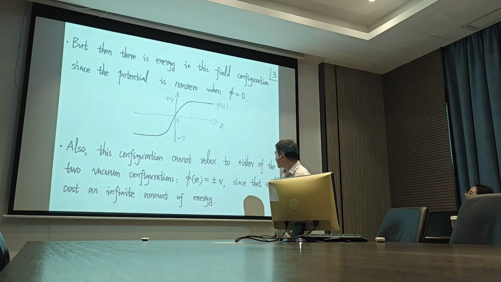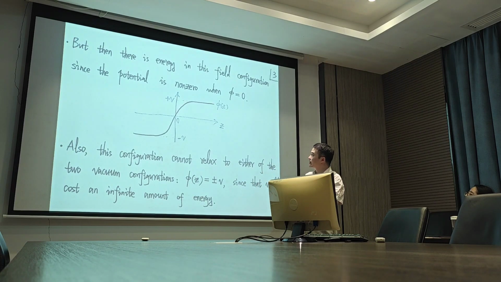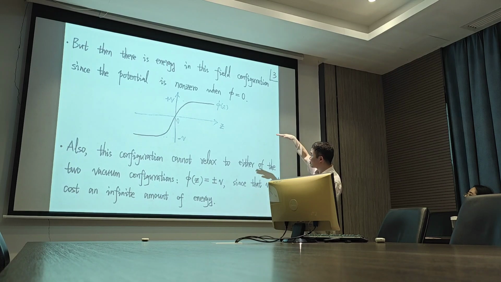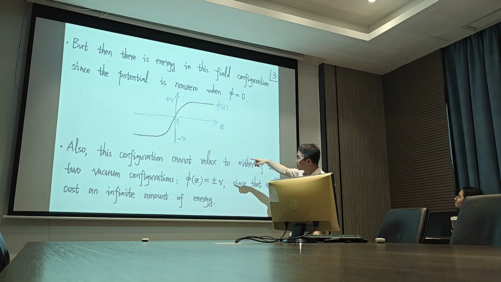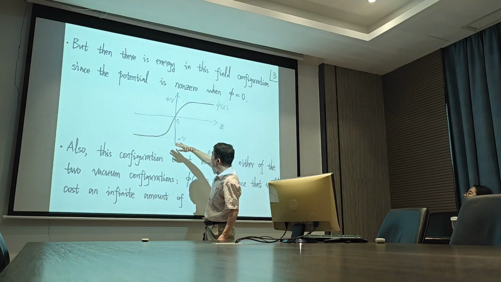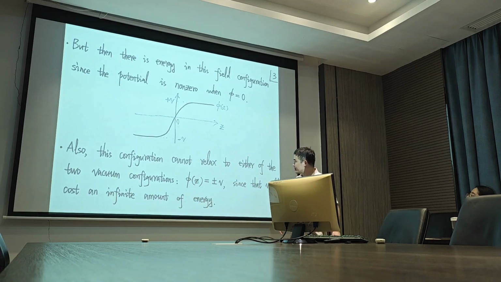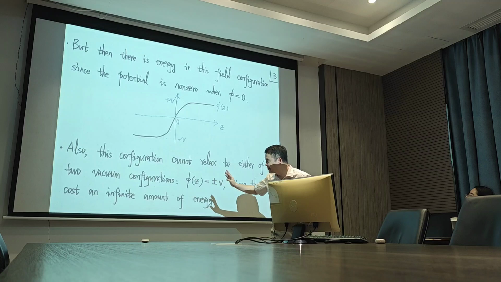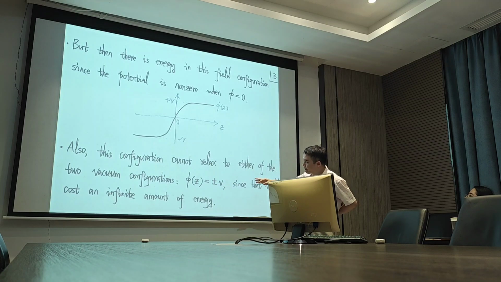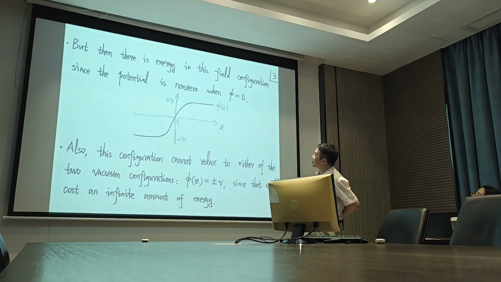Also, this configuration cannot relax to either of the vacuum configurations. The two vacuum configurations are phi always equal to v, or phi always equal to minus v. And this configuration cannot continuously transform to the two vacua, since that would cost an infinite amount of energy.